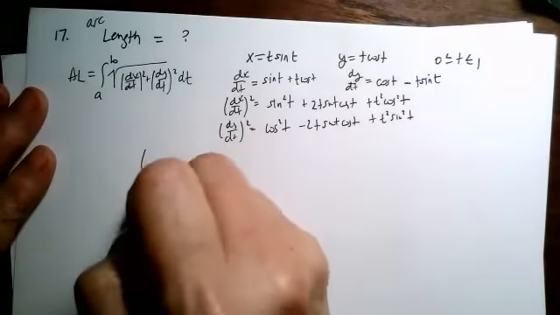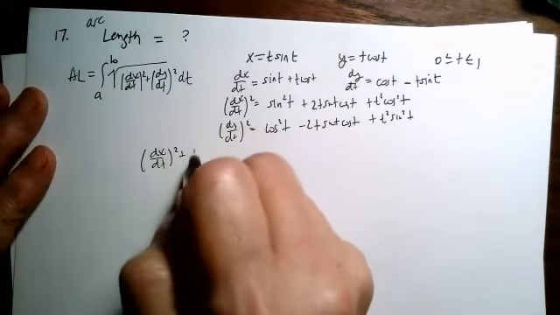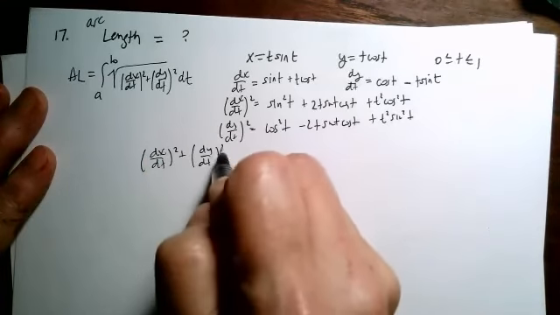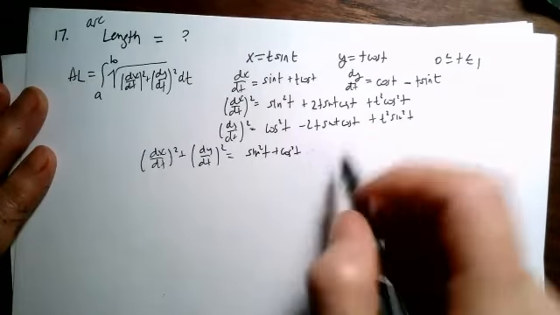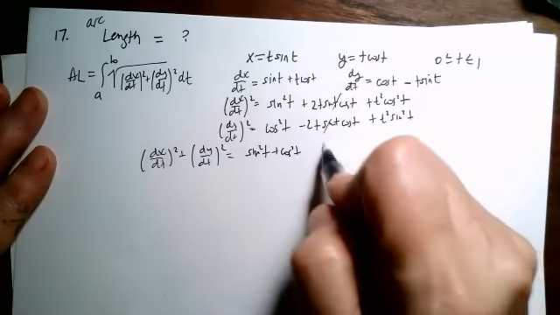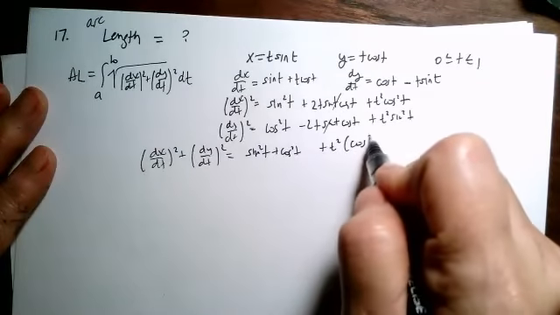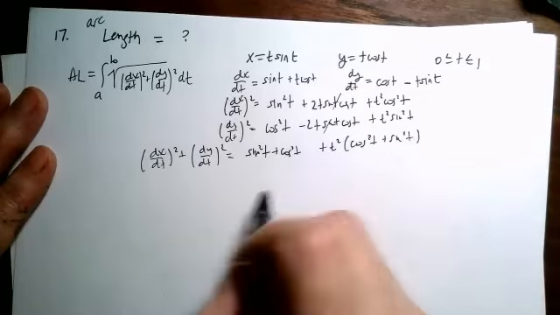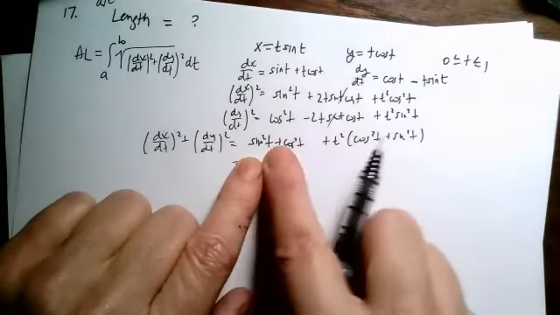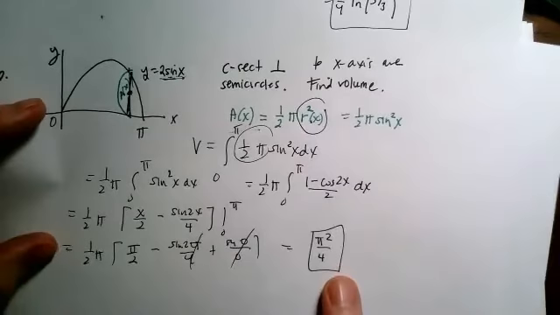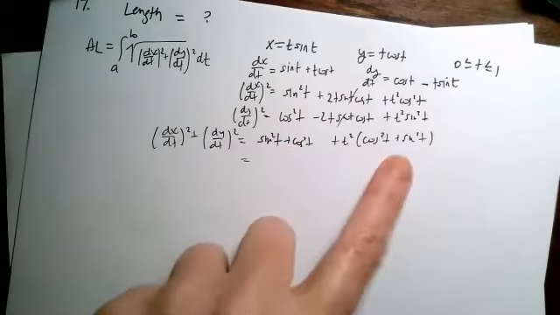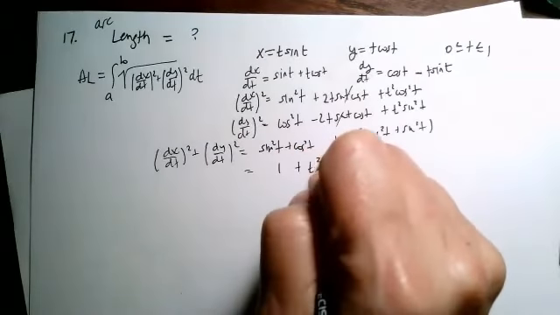Okay, and when we add them, we'll have sine squared t plus cosine squared t. What's going to happen to those? They cancel. And here we'll have cosine squared t plus sine squared t. And who can tell me what this will become? 1. All right, this is 1 and this is 1, so you get 1 plus t squared.